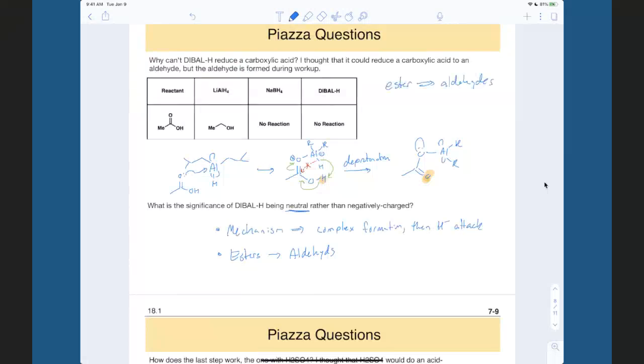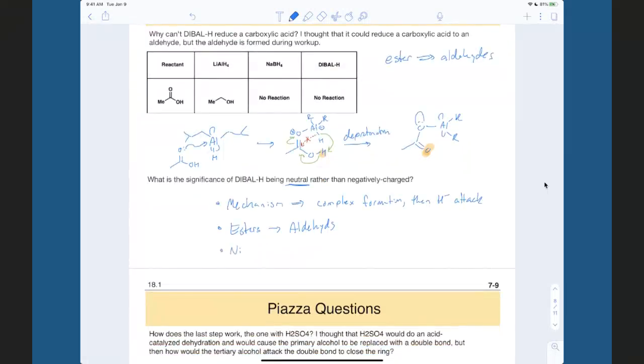I guess you could also say nitriles to aldehydes as well. So there are some unique reactions that DIBAL will be able to do. But I always try to get the idea across of the mechanism because it helps to explain some of the reactivity afterwards for these specific reactions that take place.